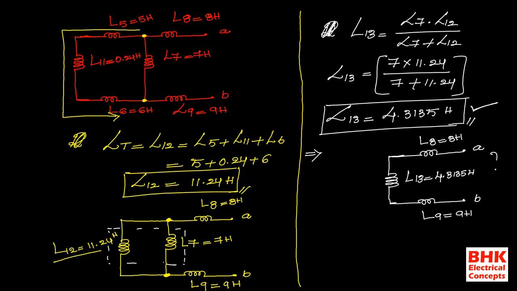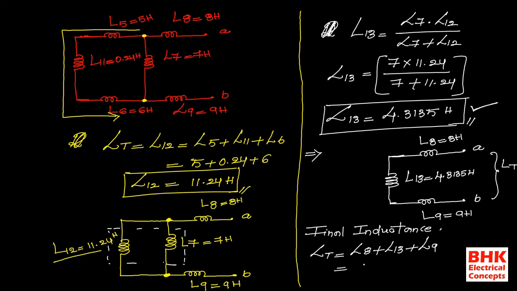Now what is our target actually? We need to find the total inductance across terminals A and B. Now just observe here. Across terminals A and B, L8, L13, L9 are connected, and all these inductors are connected in series. So the total inductance across terminals A and B is equal to L8 plus L13 plus L9.